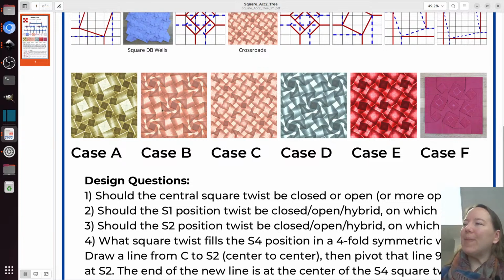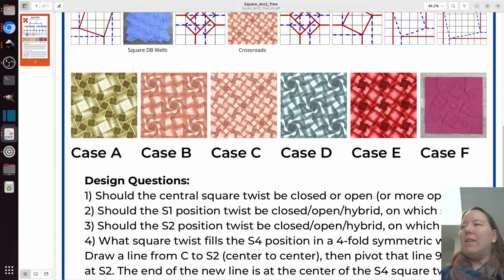But anyways, then case C, what comes out of the geometry is that you can completely ignore whatever the second choice is, as long as it's a regular square, as long as it's not a hybrid twist, and then just consider the other three twists for your symmetry requirements. So that's fun.